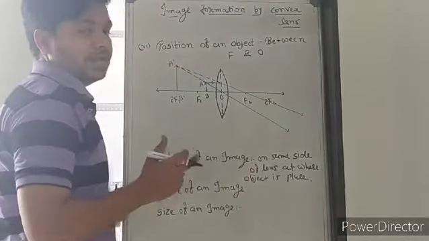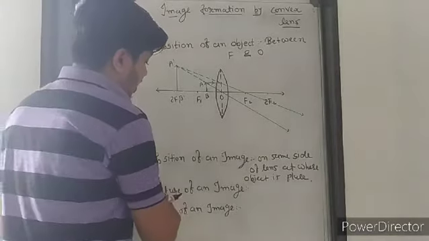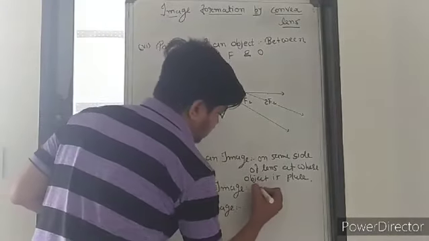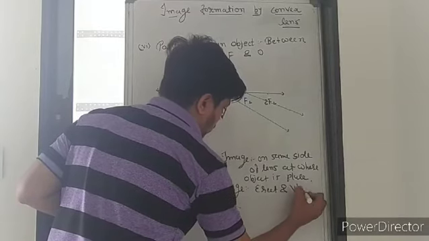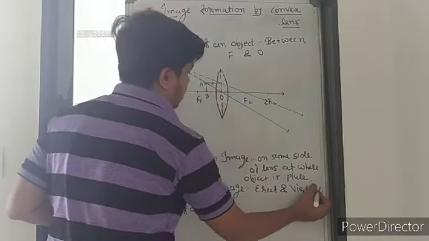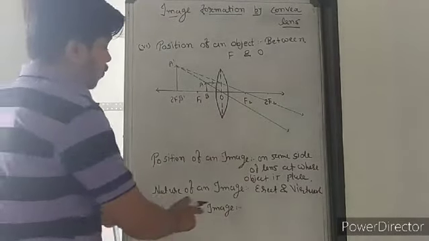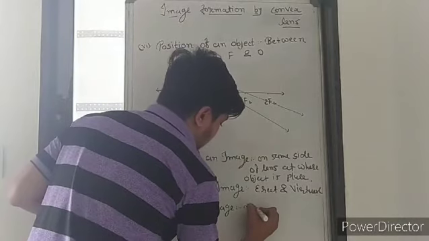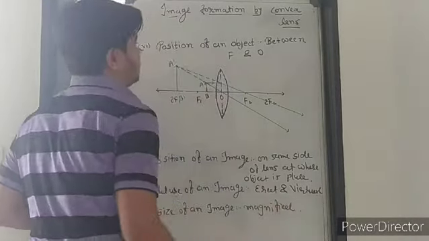Same side, you get an image on the same side at where the object is placed, right? Like that, the nature is it's erect and virtual. You can see it here. The image is virtual and it is erect, right? And what is the size? It is magnified. You can see this image, right?